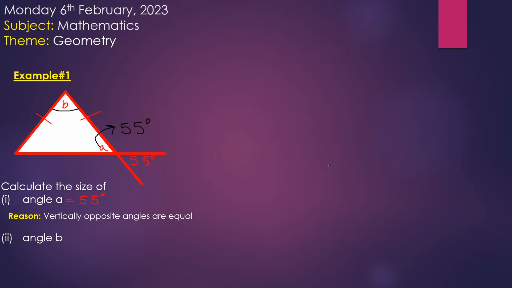Why would you minus 180 from 55 though? So what would this angle be? You still didn't figure what this one is. Find the value for B, right?